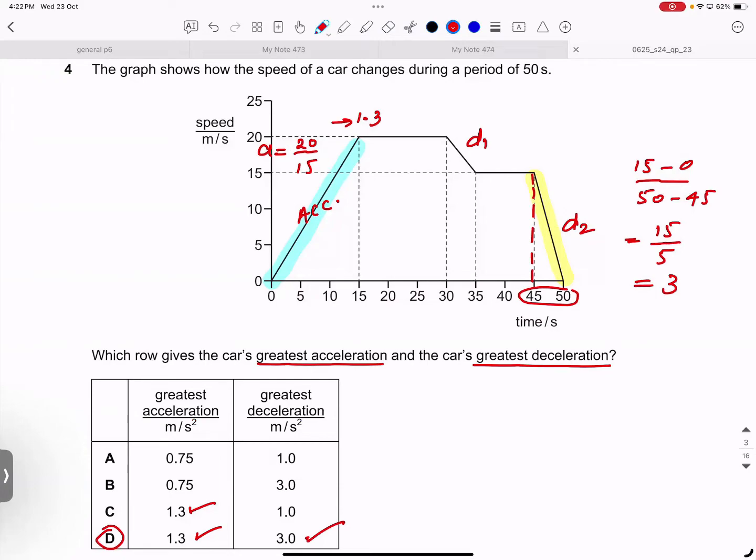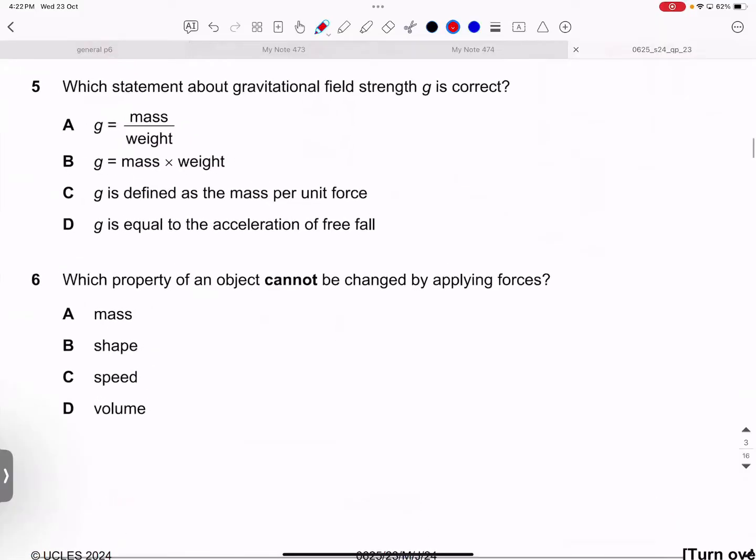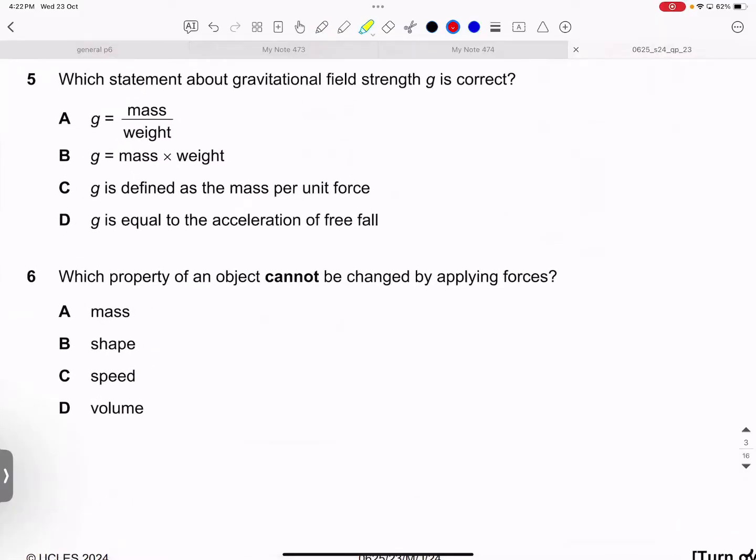Question number 5. Which statement about the gravitational field strength G is correct? We know that W is the weight, which is M multiplied by G. G is gravitational field strength, which will be weight divided by mass. Option A says G is mass divided by weight. It is opposite.